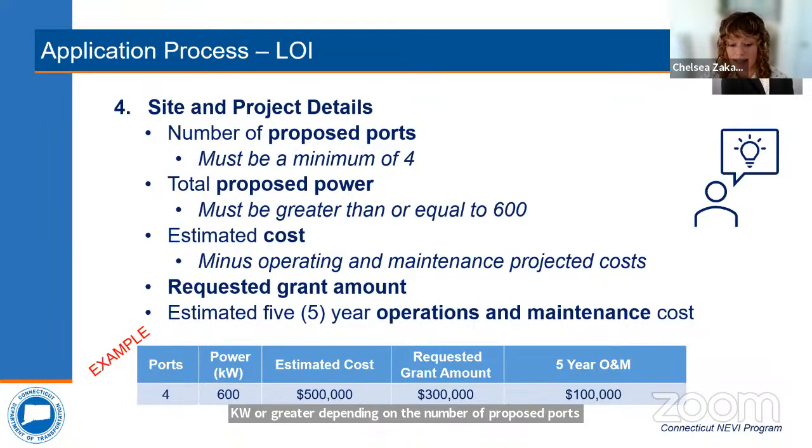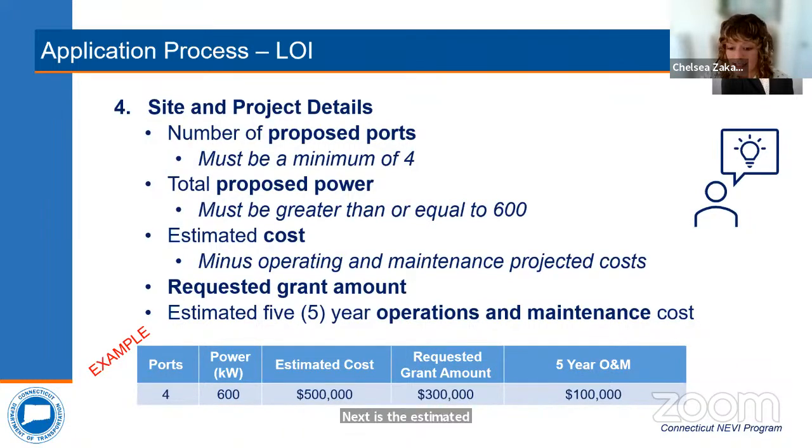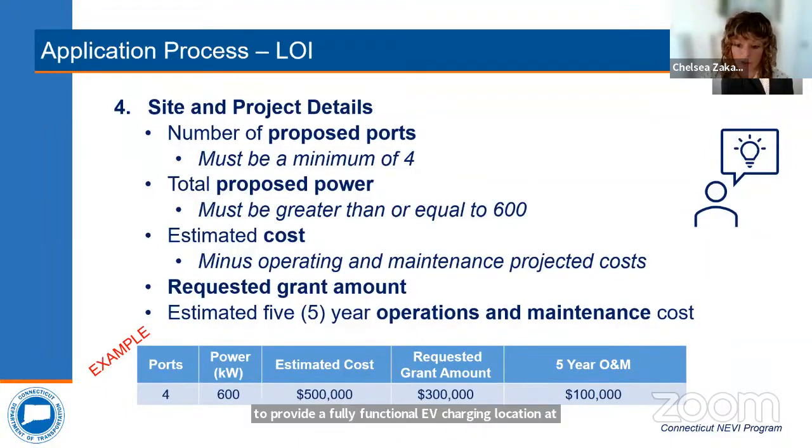Next is the estimated cost. This is the estimated cost to provide a fully functional EV charging location at the proposed power level with the proposed number of ports. This does not include the operating and maintenance projected costs. Next is the requested grant amount.